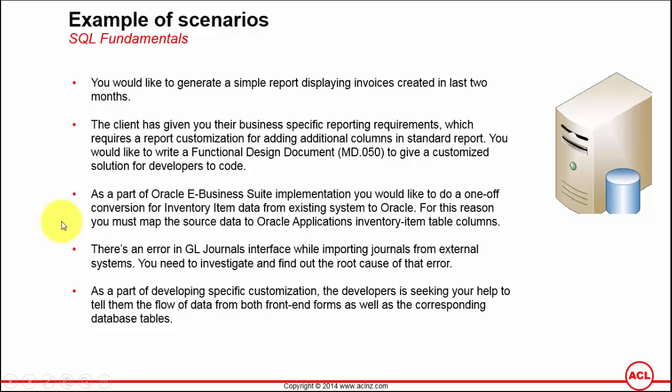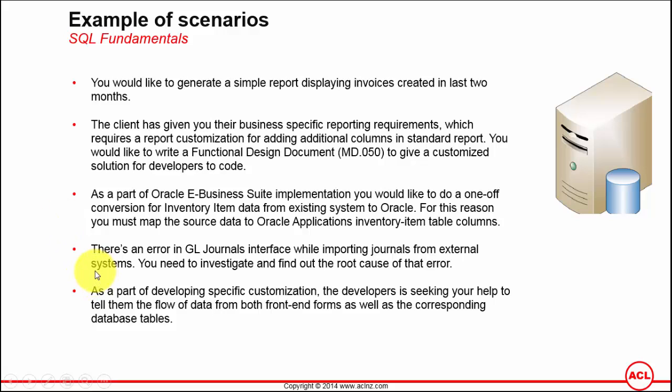So you have to have complete knowledge of the inventory table columns, and you should be able to map that to the source data. For that, as a functional consultant, you have to describe the table structure, find the columns, and research what goes in which columns. So for all that, you have to write a number of SQL statements.